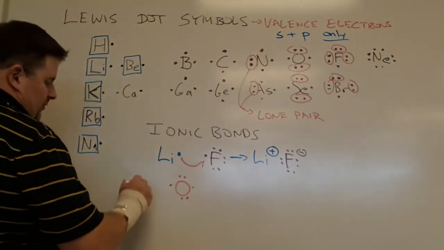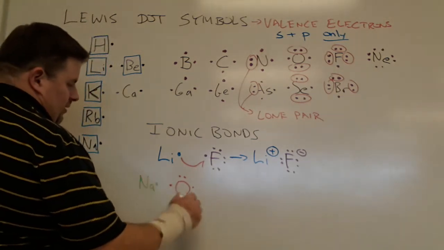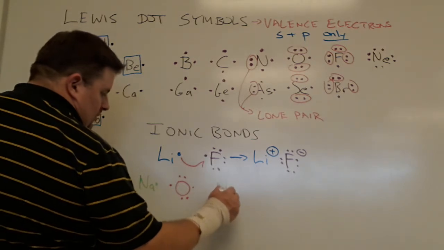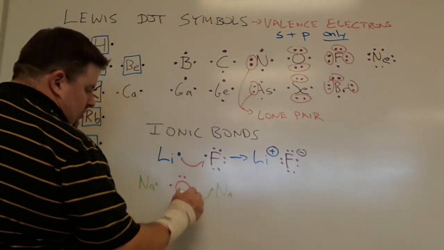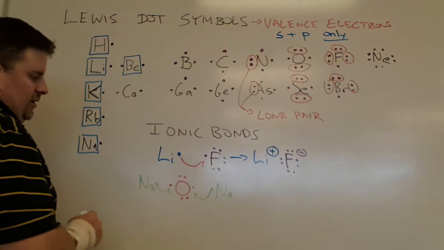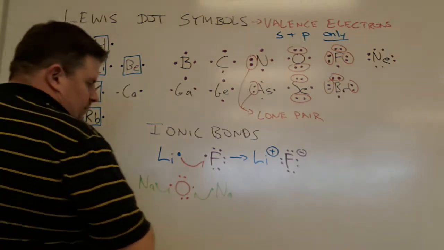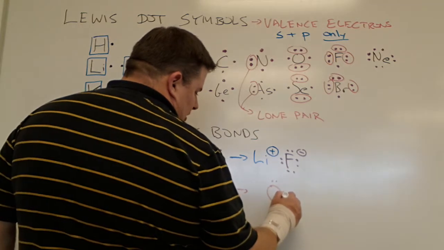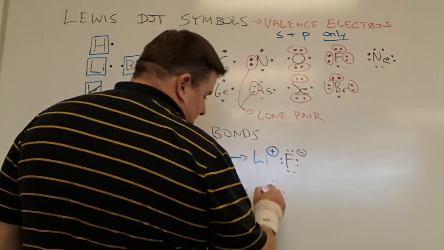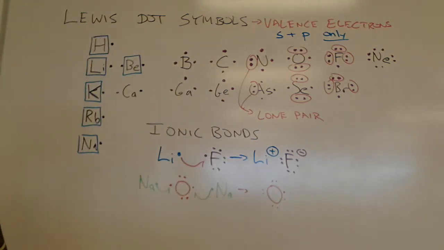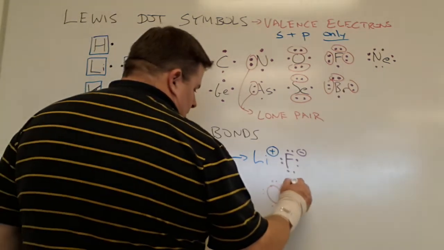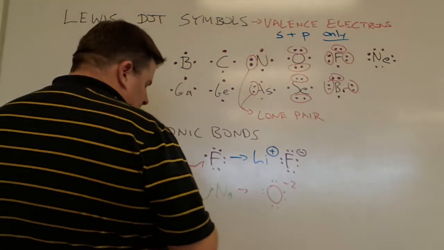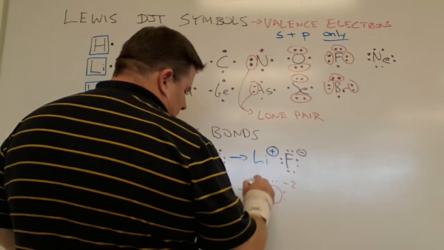Well, each one of the sodiums is going to lose its electron to the oxygen. In doing so, I end up with an oxygen with a full octet, and what's going to be the charge if it gains 2 more electrons? That's right, -2. Good.